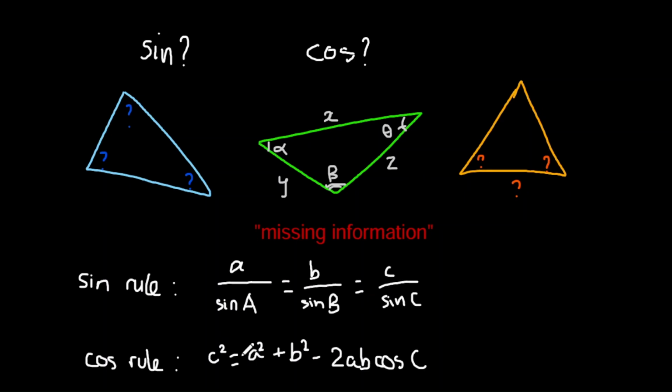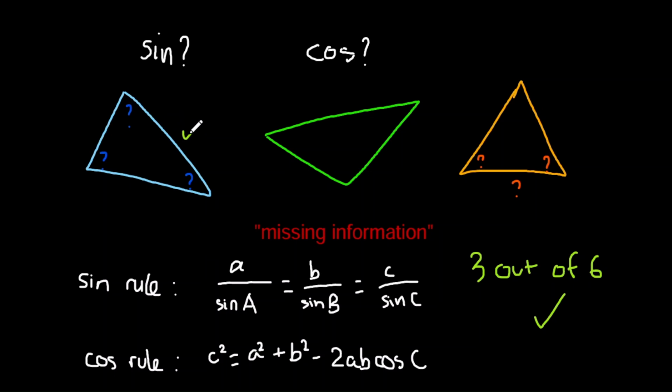These 2 important rules, the sine rule and the cosine rule, allow you to deduce all the missing information from a triangle from knowing only 3 out of 6 measurements. Therefore, from only 3 known sides, you can deduce the value of all the angles. From 2 sides and 1 angle, deduce the value of the last side and the other 2 angles.